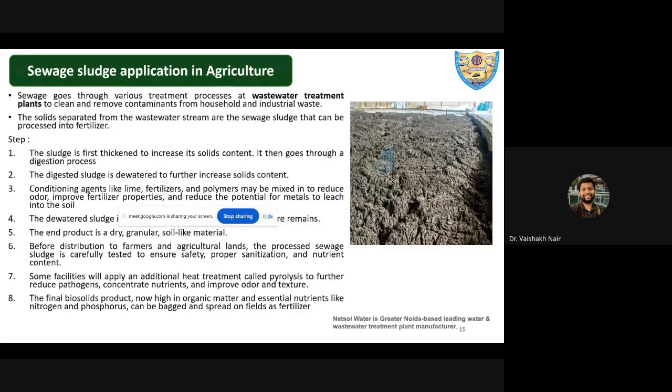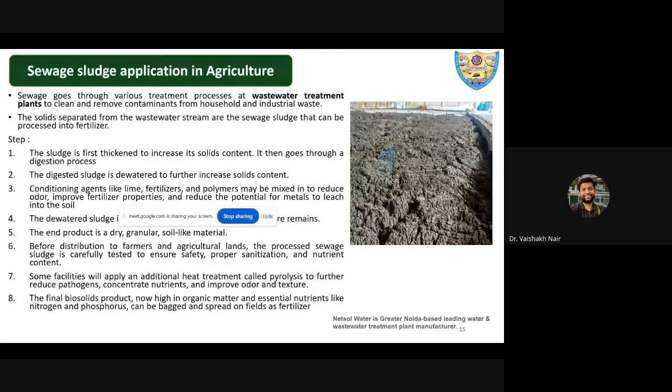First, you thicken it to increase its solid content, and then it goes through a digestion process. Thickening is making sure that the solid component is much more in the sludge. They gather different types of waste and have a limit at which they consider it a good amount of solid. And then it is taken to a digestion process.